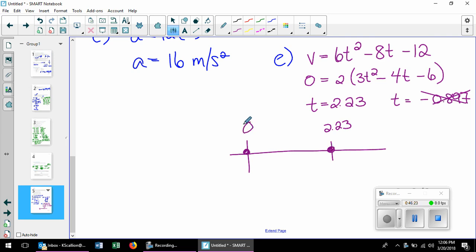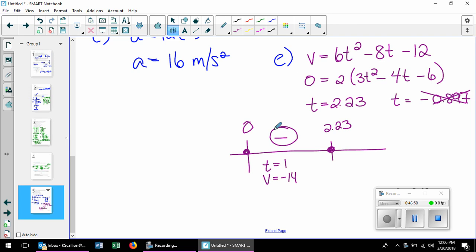So what value are we going to pick between 0 and 2.23? What's the velocity at 1? 6 minus 8 is -2. -2 minus 12. So velocity is -14.